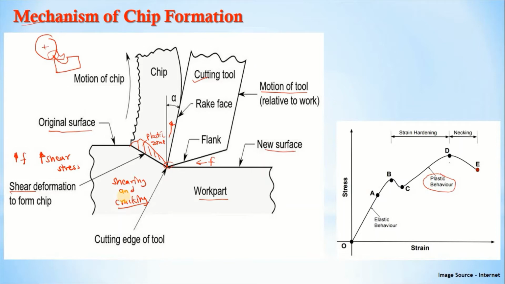This shearing and cracking propagates toward the surface of the workpiece, producing the shear plane. From this plastic deformation and shear, the chip is formed. So the mechanism of chip formation is nothing but shearing and cracking, by which the chip is formed.